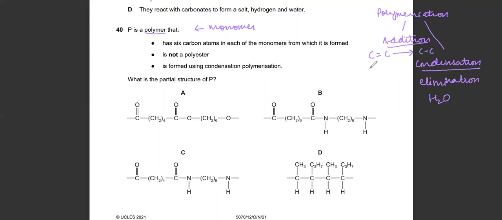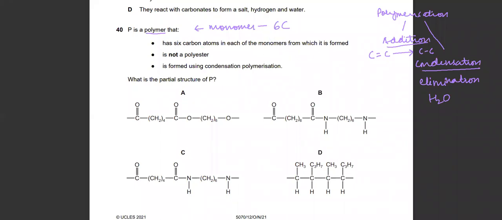So that is the basic understanding of polymerization, right? Now let's see what the question is and how we have to solve it. P is a polymer that has 6 carbon atoms in each of its monomers.